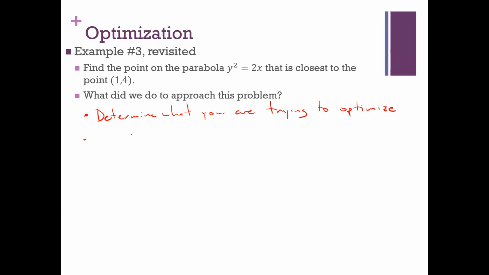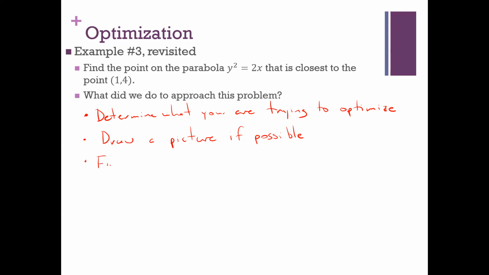What else have we done? Then you draw a situation. Yeah, draw a picture if you can. I think it's almost always a good idea to do that. Draw a picture, if possible. Okay.